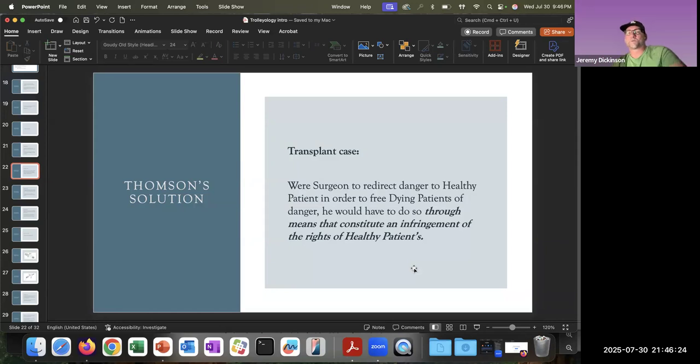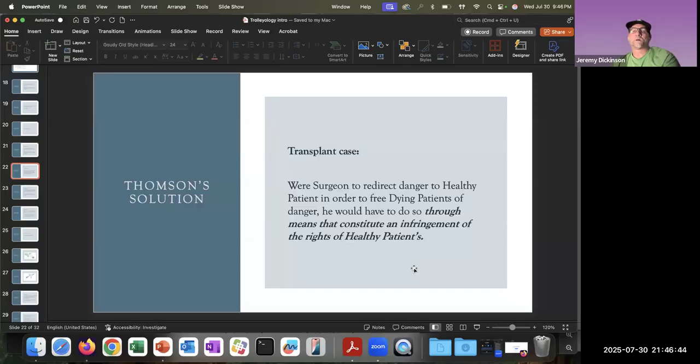Okay, so here I'm trying to use Thomson's language a little bit, so you can get used to it. It's a perfectly grammatical sentence. I wasn't used to such sentences, but when you read them through, they're grammatically fine.